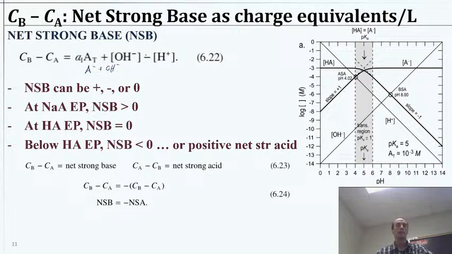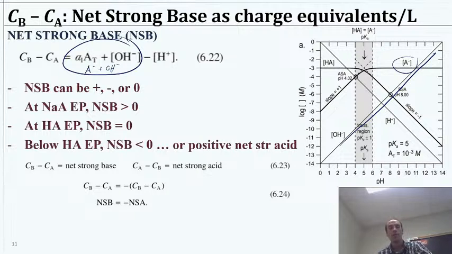So let's take a look at the graph. We have A minus here and OH minus here. When we think about adding these two together, the one that's most important is the bigger one, right? So let's see which one's bigger for most spots.